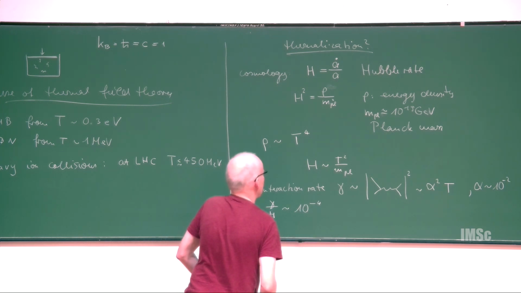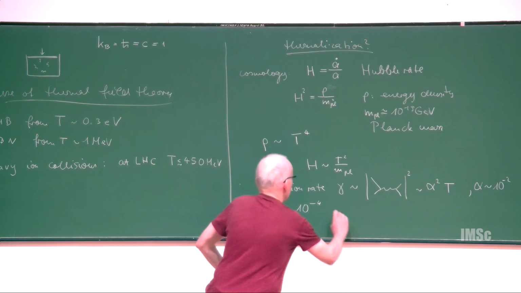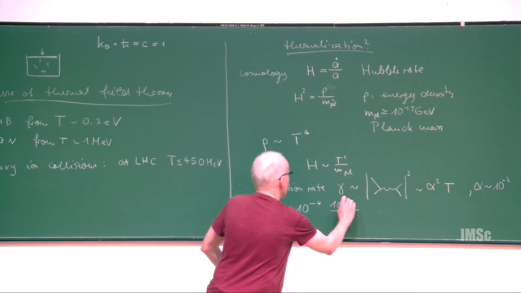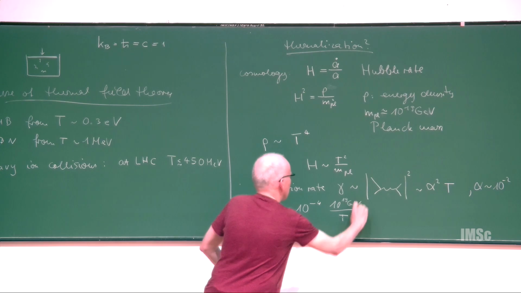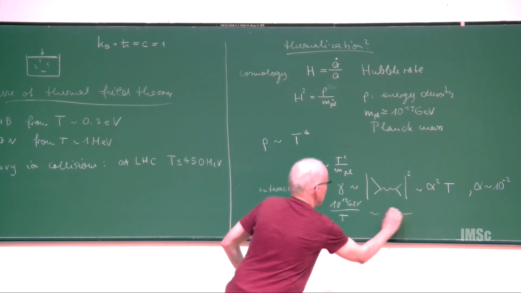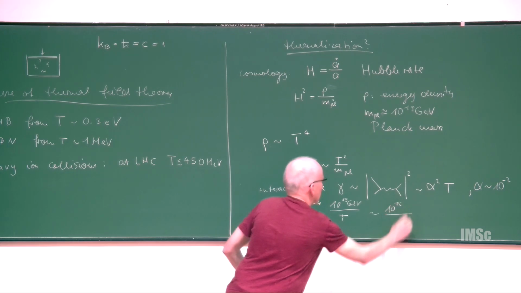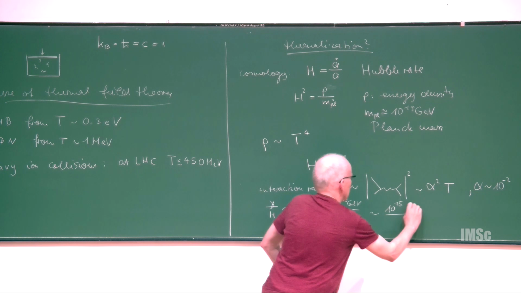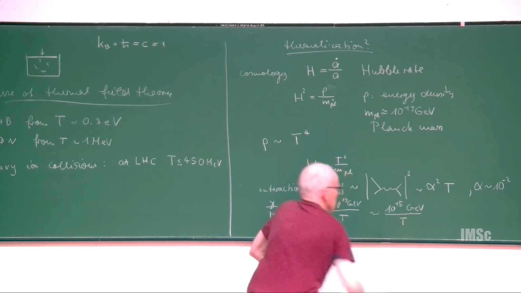And then downstairs we have the T squared, so we have a 1 over T here. And then upstairs we have the Planck mass, which is 10 to the 19 GeV, which gives 10 to the 15 GeV over T.